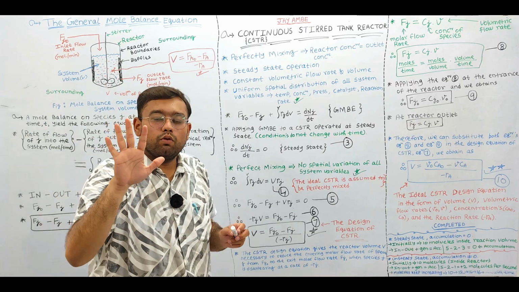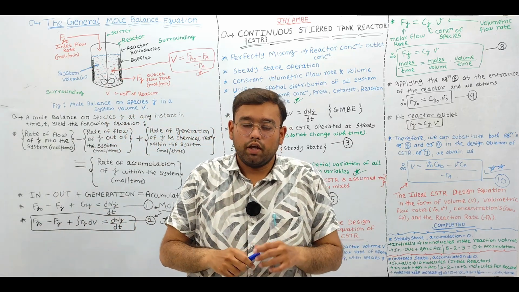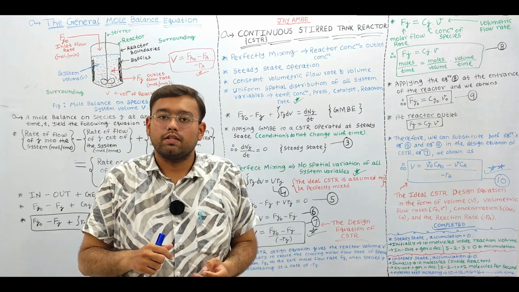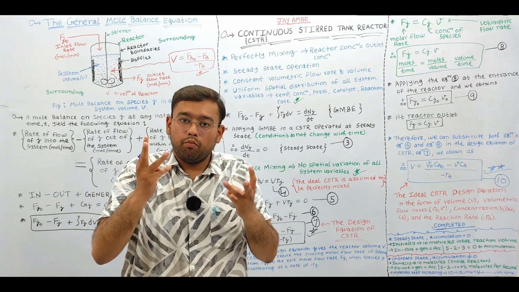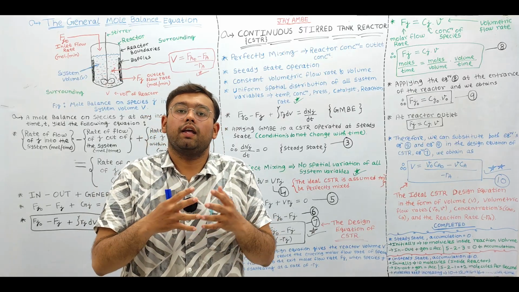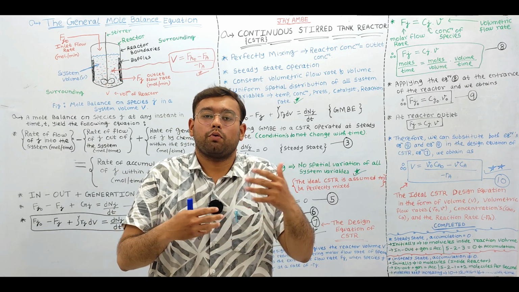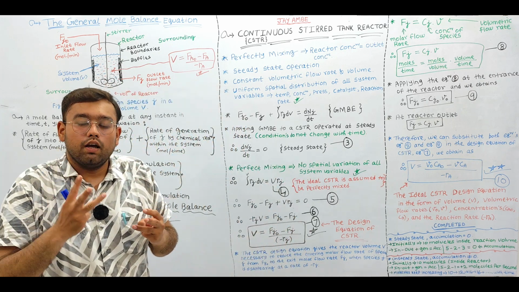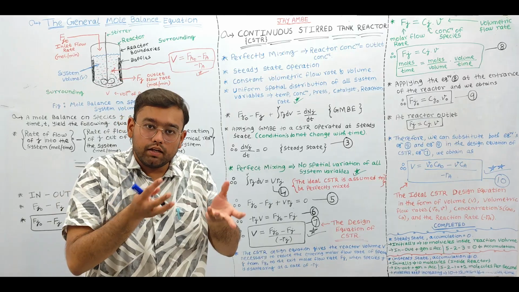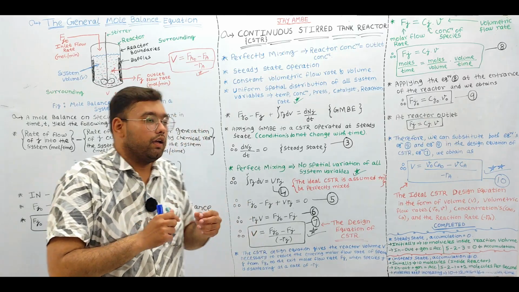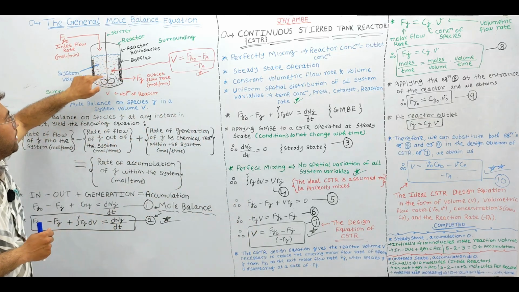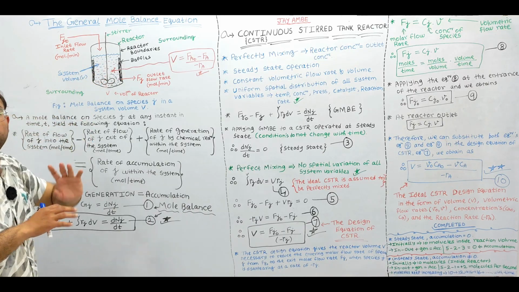Out of those 5 molecules, three molecules interact, react, and get consumed into new products. So the three reactant molecules are getting reacted inside the reaction environment and converted into new products.